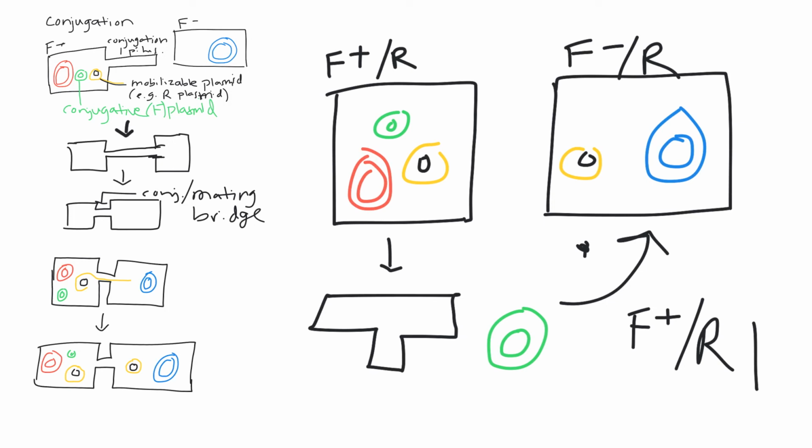And that definitely happens. And remember, when the cell replicates by binary fission, it's going to pass on all its plasmids as well. So all the progeny of both of these cells, when they divide, will have the resistance plasmid and the resistance gene in there. So they will all be resistant to the antibiotic in this case.